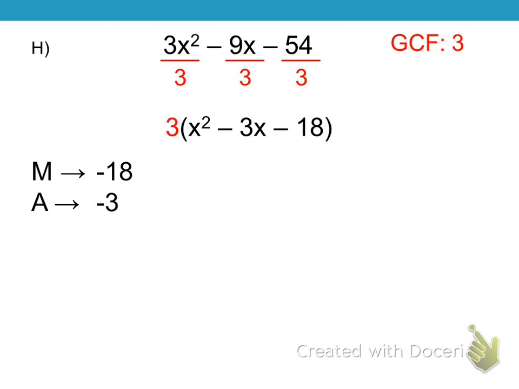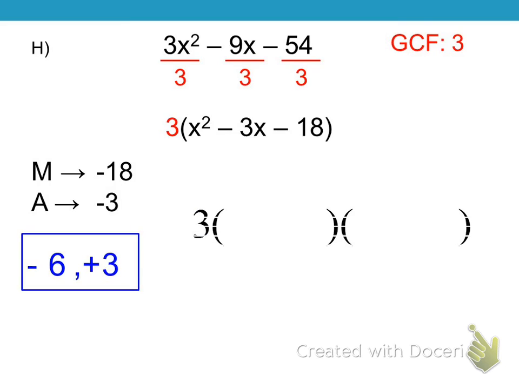My a is just negative 3. Negative 6, positive 3. If you flip-flop them, you'd end up with positive 3 for your add number. So I keep that 3 in the front, and then I have x minus 6 and x plus 3. This is the correct answer.